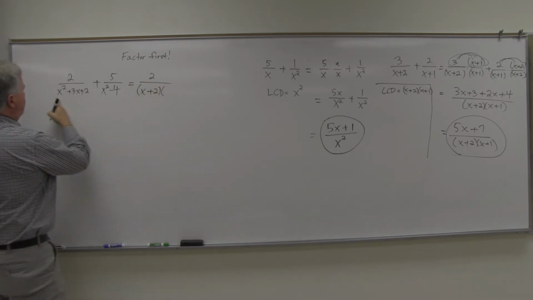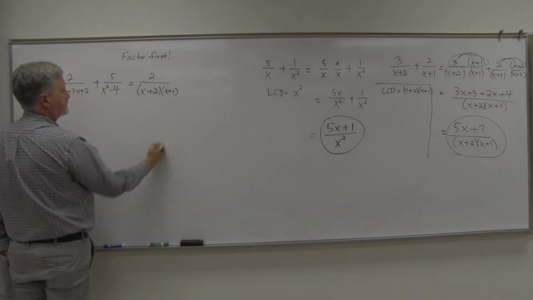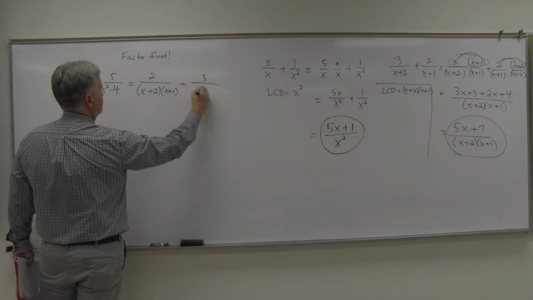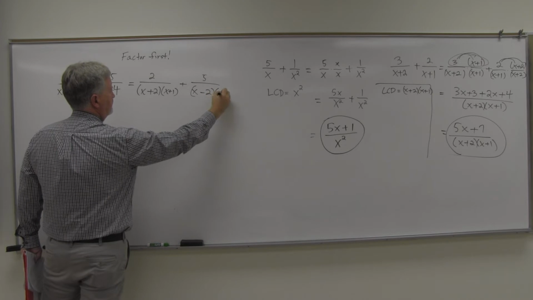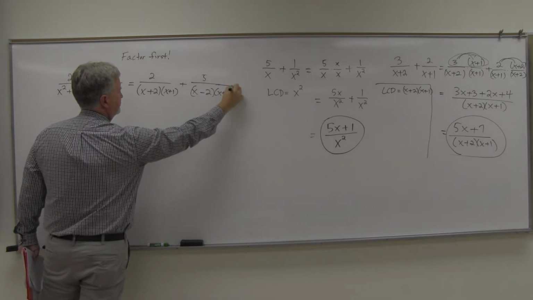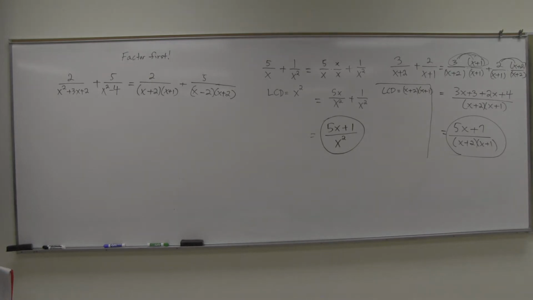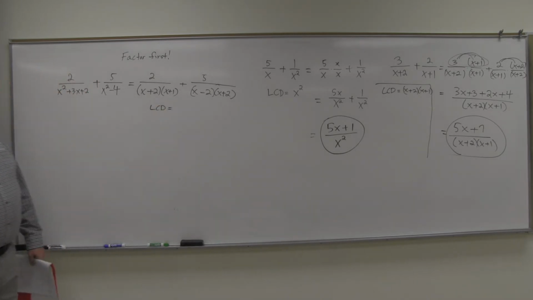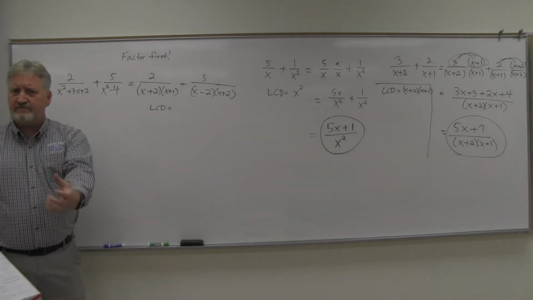So factor this x squared plus 3x plus 2 is x plus 2, x plus 1. And we've got a difference of squares. So it's x minus 2, x plus 2. All right. So now, let's identify our LCD because we can't add those because they have to have the same denominator.